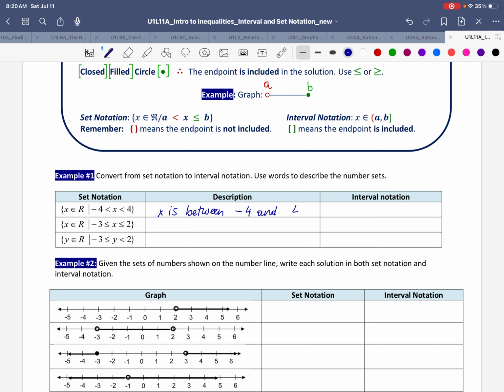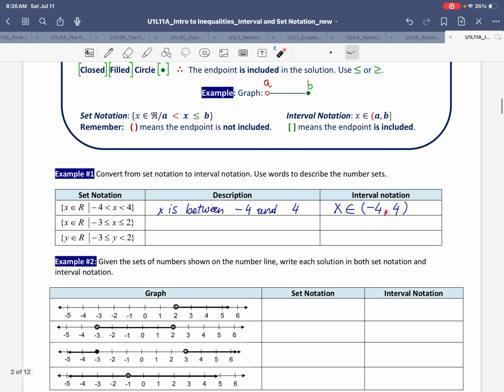If we were to write this in interval notation, we'll simply write x ∈, and since the numbers -4 and 4 are not included in the set, we're going to use parentheses, round brackets, and we'll list the numbers -4 and 4 separated by a comma.